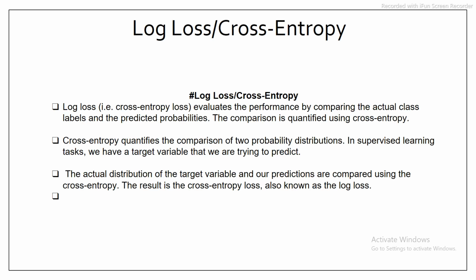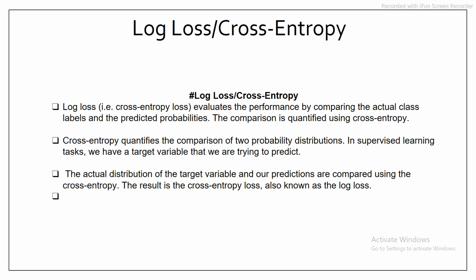Now there is something called cross entropy. Cross entropy is also called log loss. If you have trained any, let's say, text mining kind of ML system, it gives you this log loss and the performance by comparing the actual class labels and the predicted probabilities.